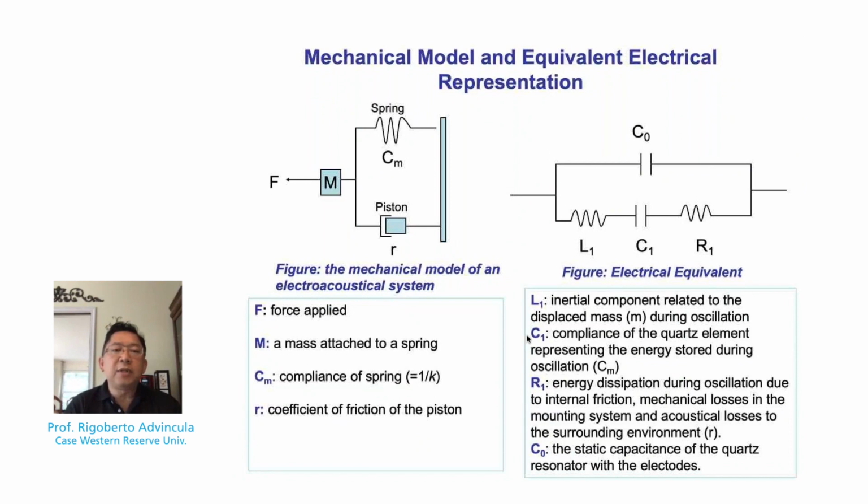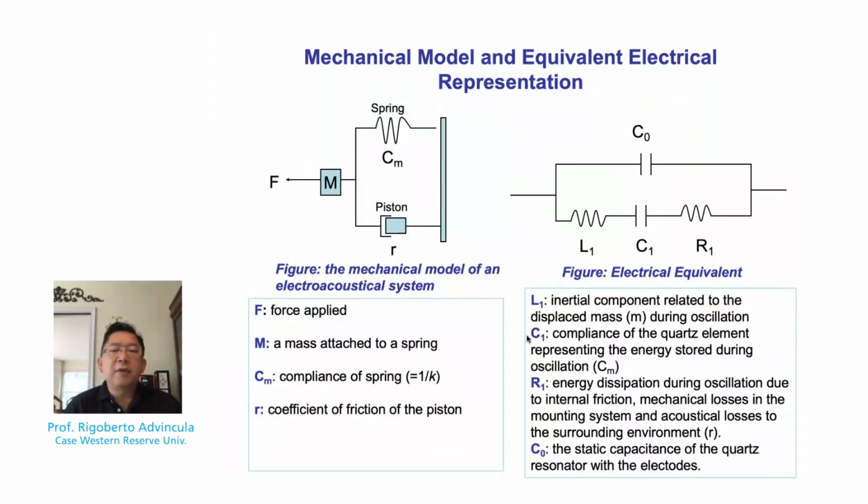So, for example, in the mechanical representation, the force applied is typical of a mass attached to a spring. The spring has a constant or compliance, and it has a piston representation referring to the coefficient of friction of the piston.